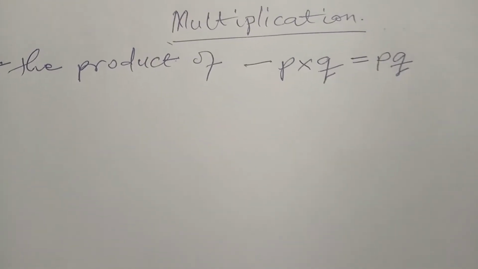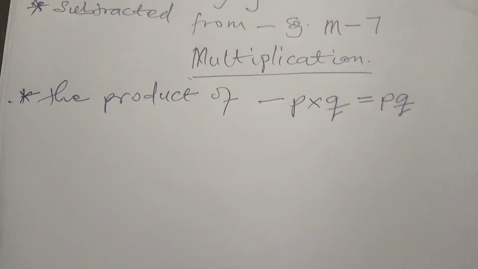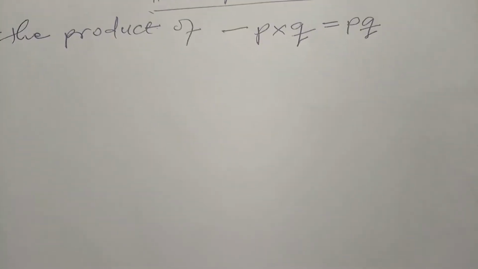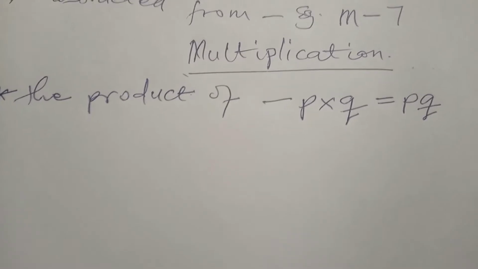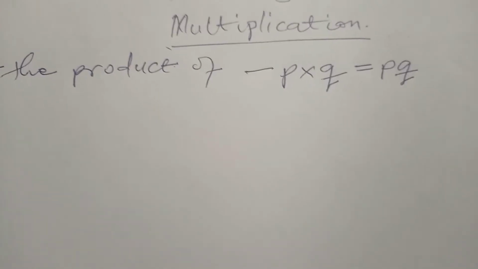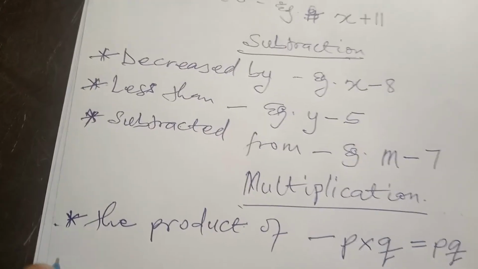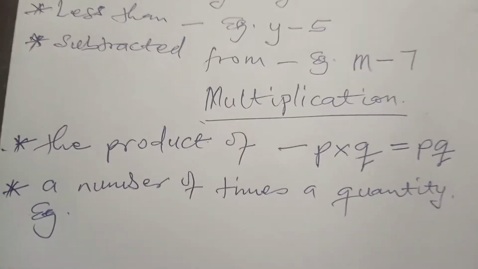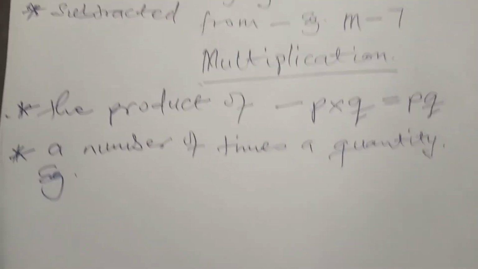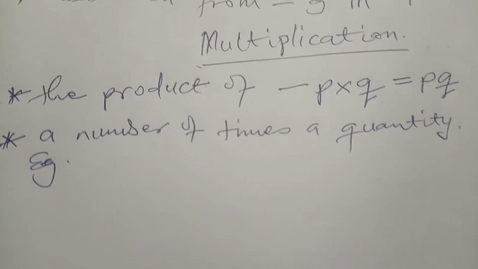Not only that, we can also have a number of times a quantity. An example would be 5 times a quantity, which we don't know.